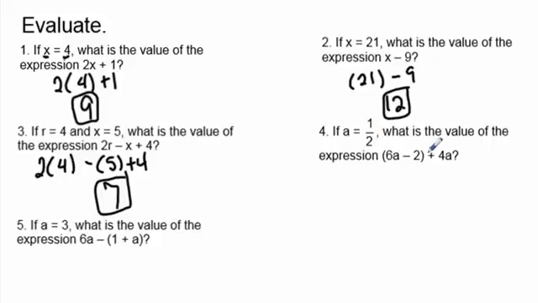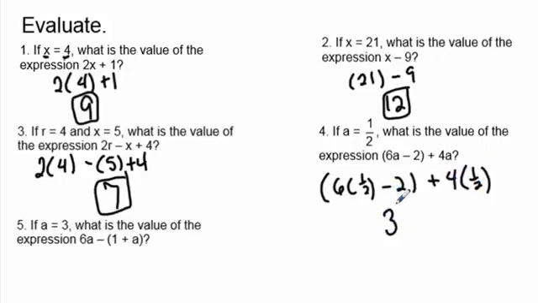If a equals 1/2, what is the value of the expression? Replacing a with 1/2. And here we'll get 3 minus 2 is 1. 4 times 1/2 is 2. 1 plus 2 is 3.